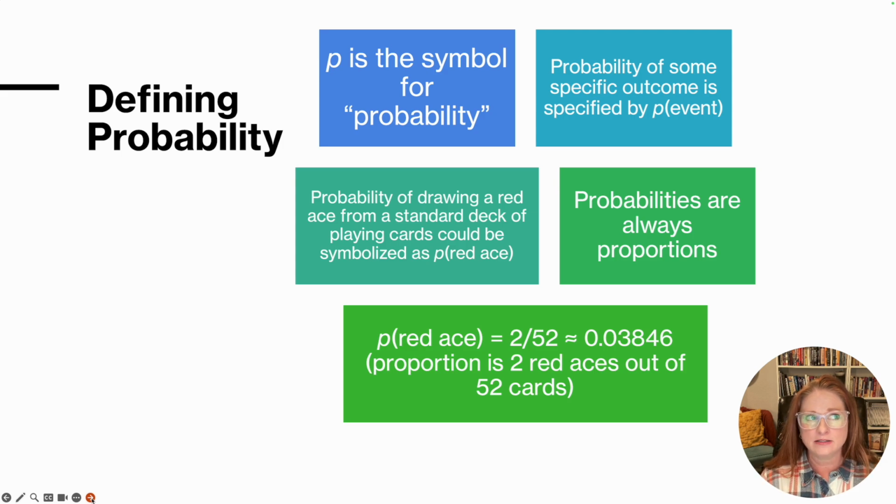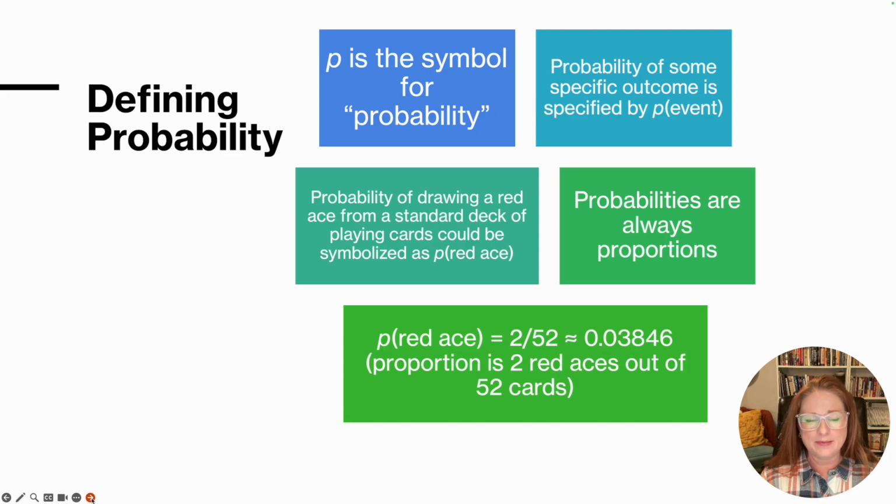You have a couple aces that are black aces, and a couple that are red aces. So what's the probability of drawing a red ace from a standard deck of playing cards? I would write that as P, and in parentheses, red ace.